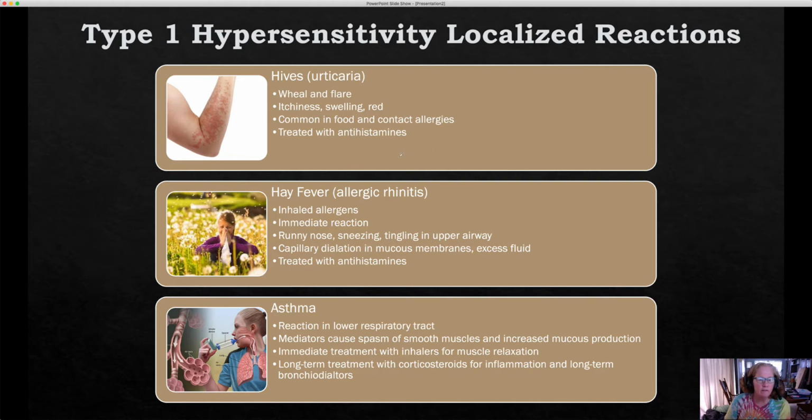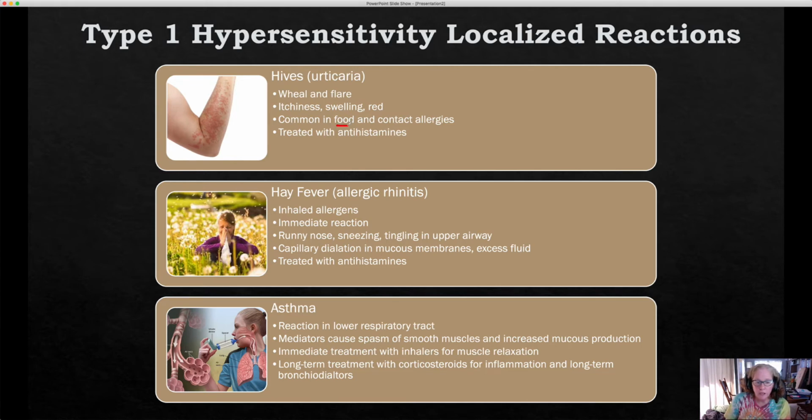That's due to that inflammatory reaction that occurs with this type of contact anaphylaxis. It's very itchy, turns red, there's a lot of heat involved. It's very commonly found in food and contact allergies. It's treated either topically with antihistamines or cortisones, or systemically through ingestion of antihistamines.